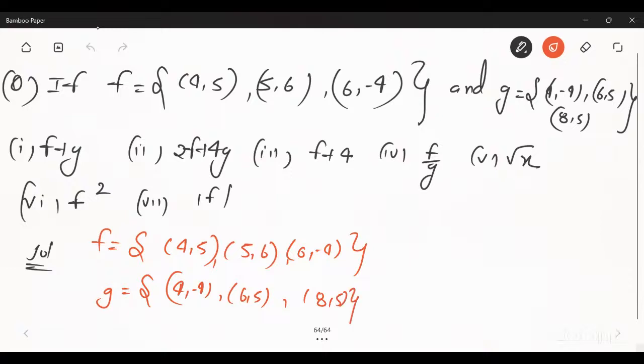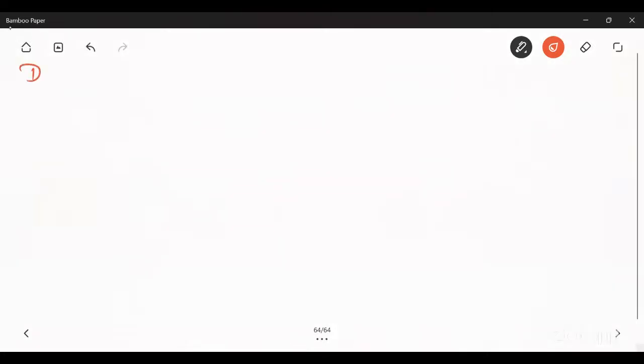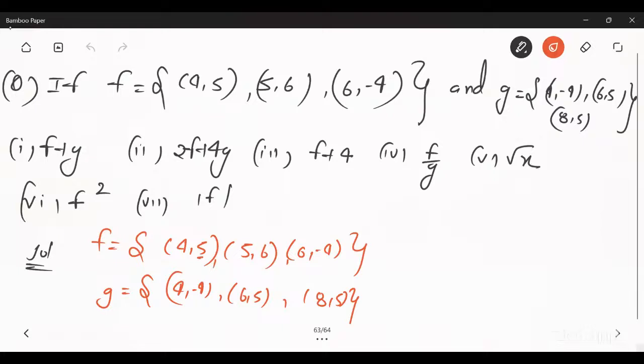Now what is the domain of f? The first values: 4, 5, 6.